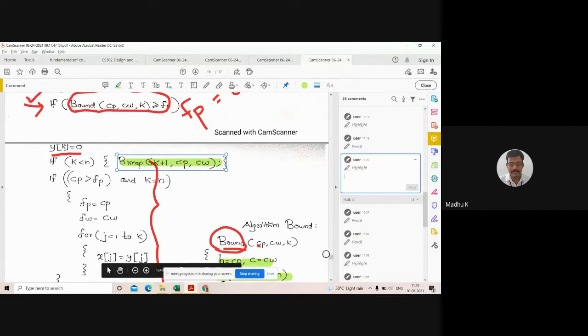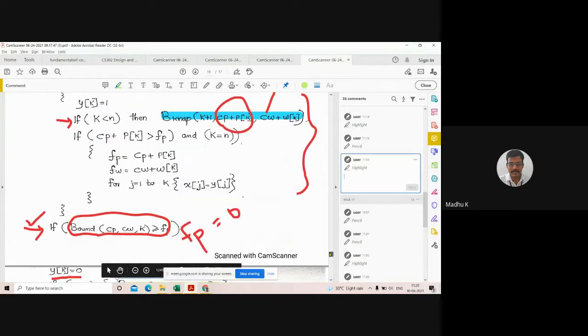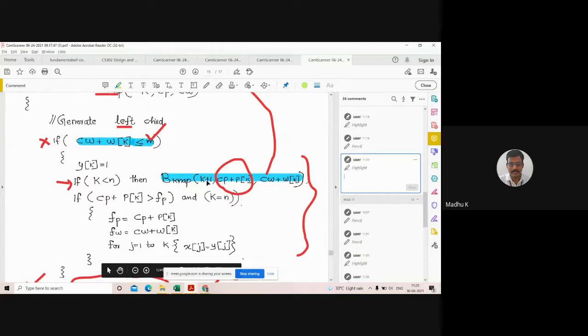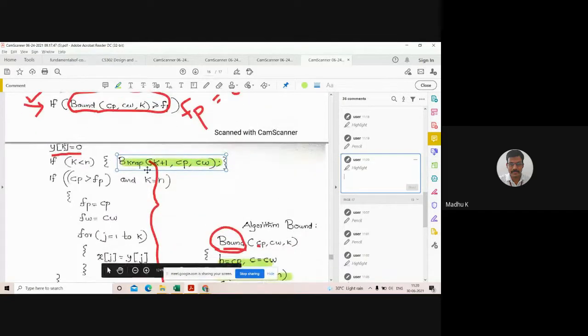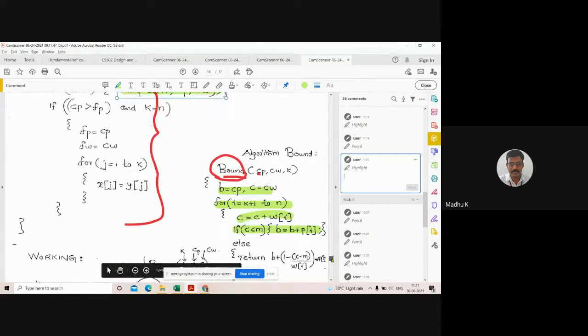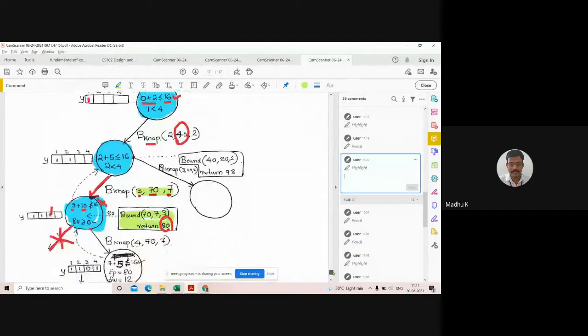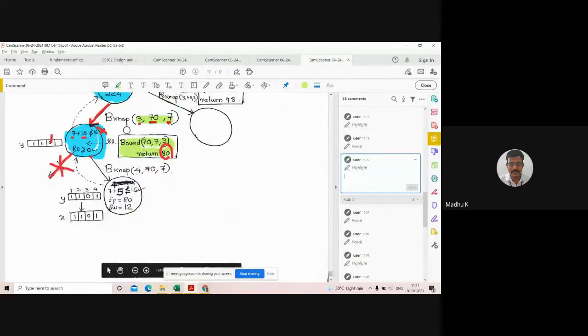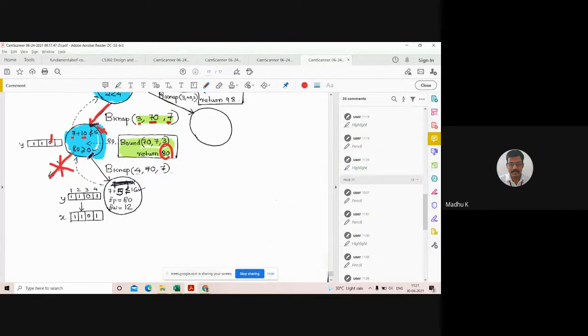But you can observe, what are these parameters? k plus 1, cp plus p of k, cw plus w of k. But here, this is cp, cw. I will call this function again with these parameters. Sorry, I will take one or two more minutes.